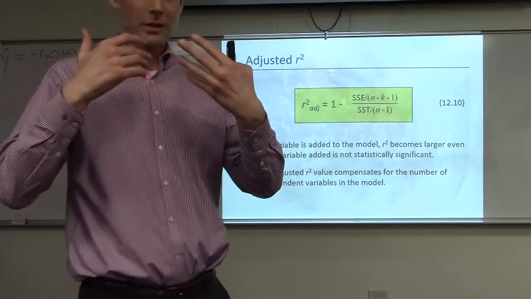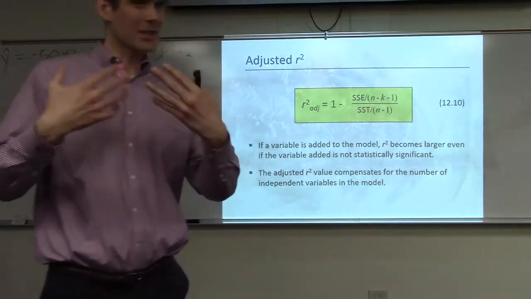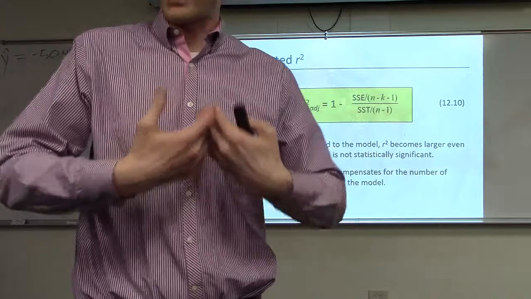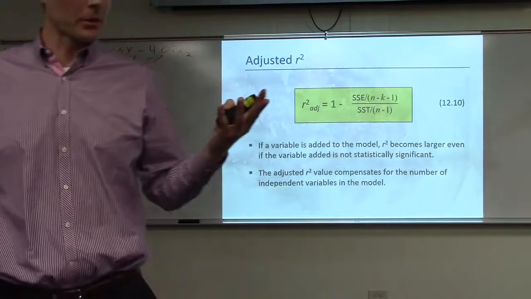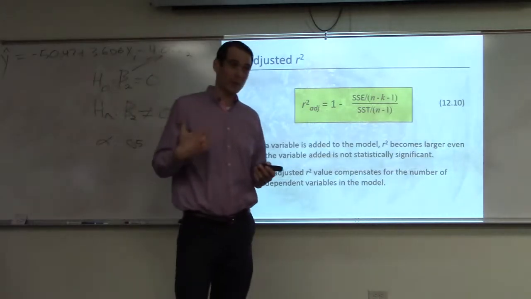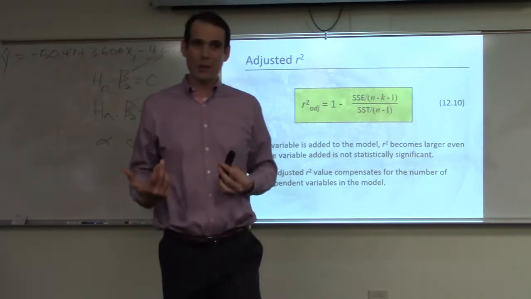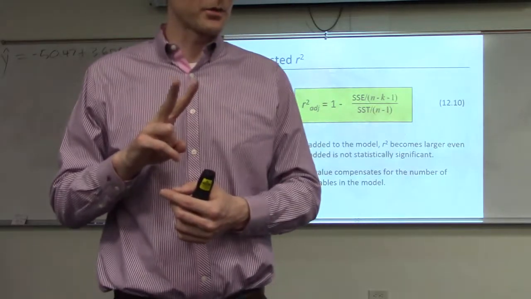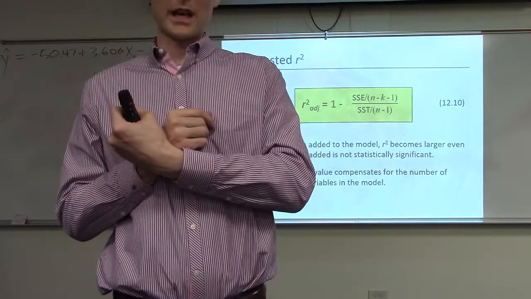But suppose you just keep adding more and more things because they give you 1% more of explained variation, and you have 20 independent variables. That's a lot of work. That's not as good of a regression equation as someone else's who has, say, two independent variables that explain almost as much of the data.